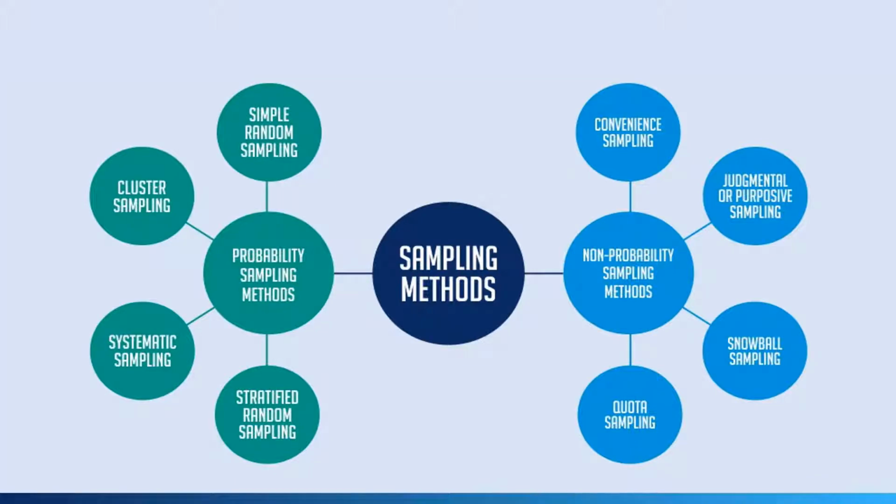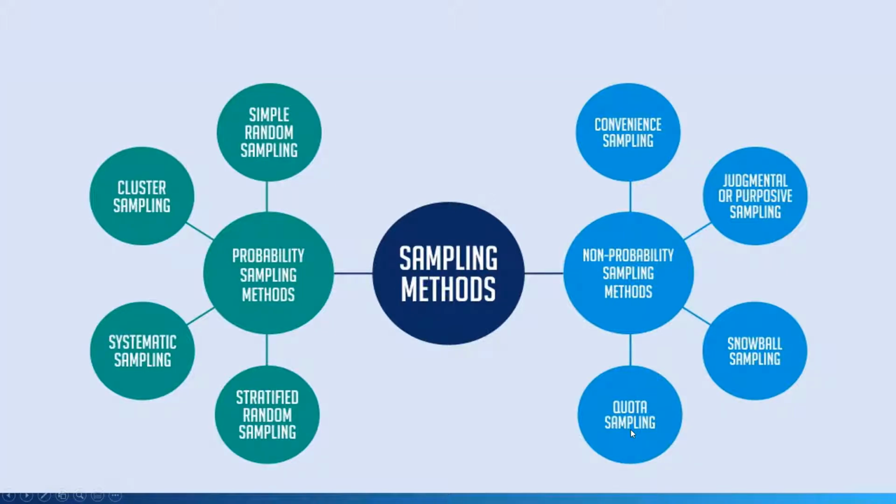The first one is what we call the probability sampling method, and the second one is what we call the non-probability sampling methods. Within the probability sampling methods, we have simple random sampling, cluster sampling, systematic sampling, and stratified sampling, or the stratified random sampling. In the non-probability sampling, we have convenience sampling, purposive sampling, snowball sampling, and quota sampling.